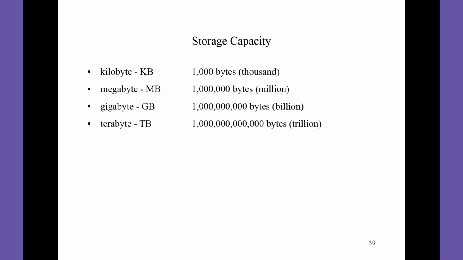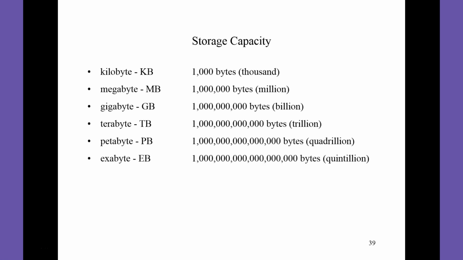And then we start to get into much larger quantities that you may have some association with in terms of your laptop or desktop computer storage capacity, in terms of terabytes or trillions of bytes. But when we're talking about databases in the real world, they start to extend beyond some number of terabytes, and we start to consider larger quantities of data, such as a petabyte or an exabyte.